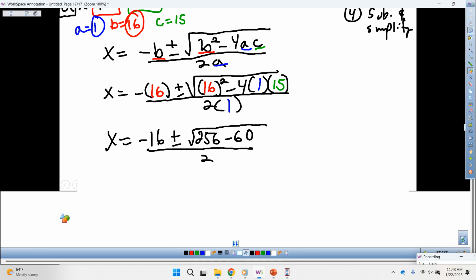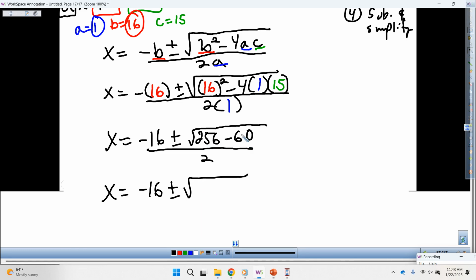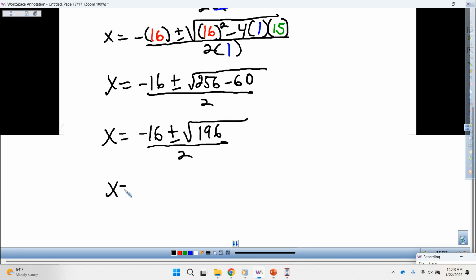We got x equals negative 16 plus or minus, what is 256 minus 60? 196, over 2. x equals negative 16 plus or minus, what is the square root of 196? Is it 14? Yes? Okay, 14 over 2.